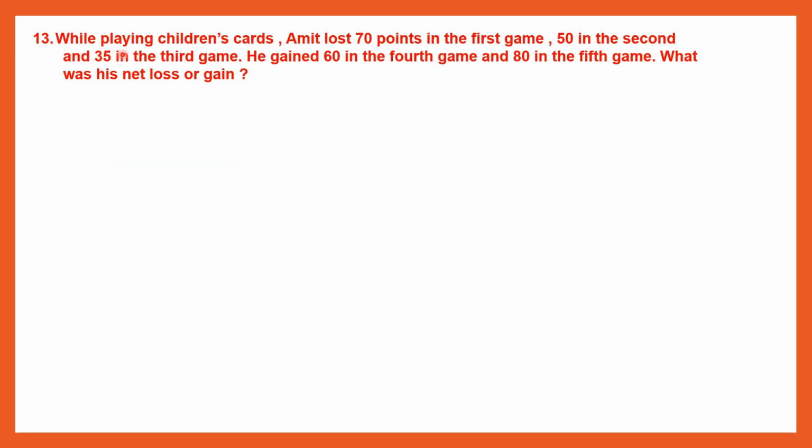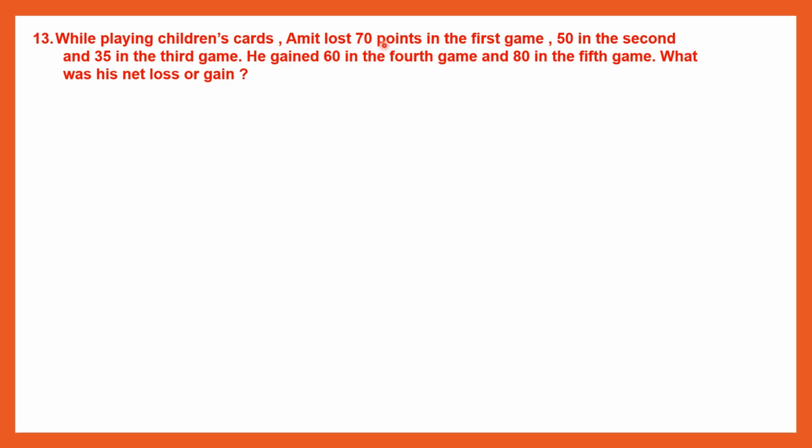Question 13. While playing children's cards, Amit lost 70 points in the first game, 50 in the second game and 35 in the third game. Then he gained, that means he won, 60 points in the fourth game, 80 in the fifth game. What was his net loss or gain?